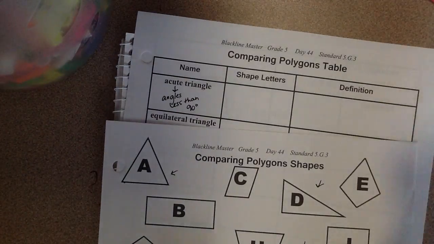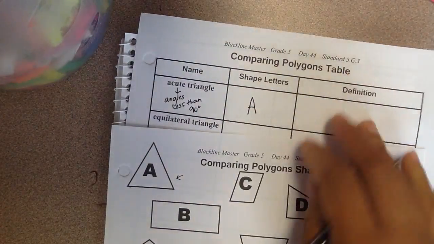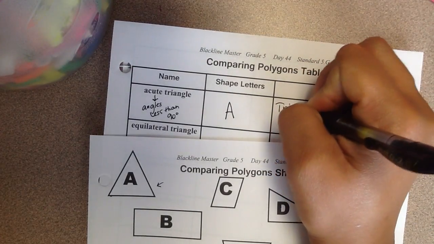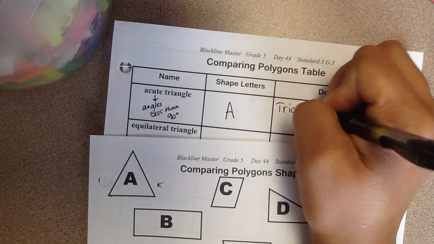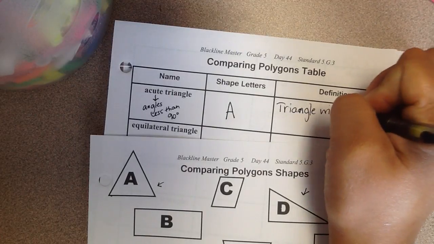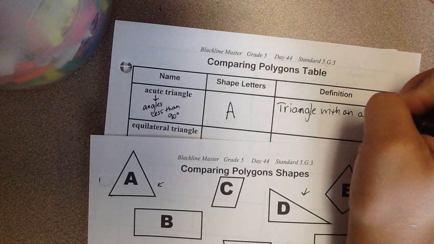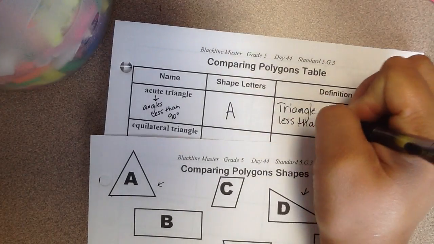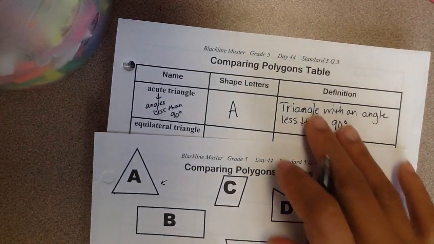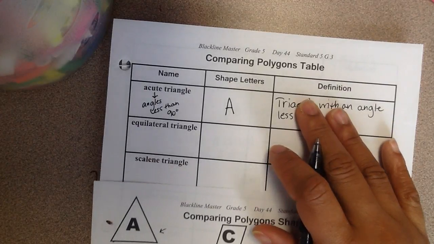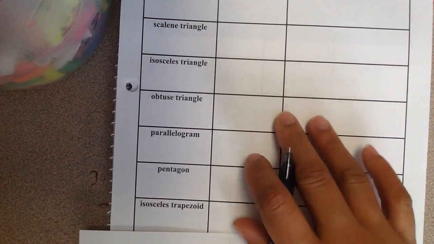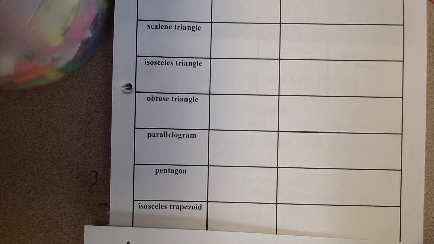Okay, so I would write shape A here, and I could say the definition of an acute triangle is a triangle with an angle less than 90 degrees.